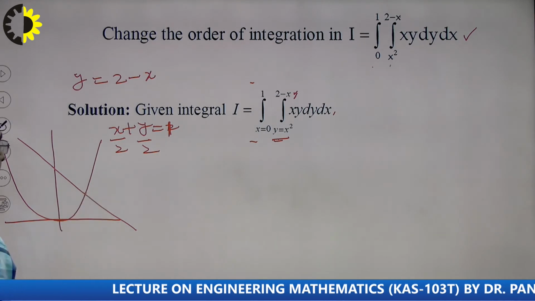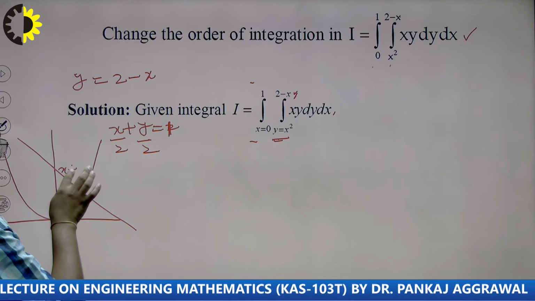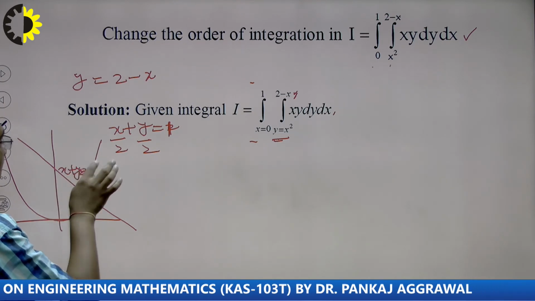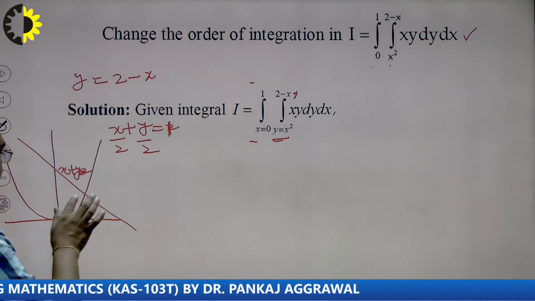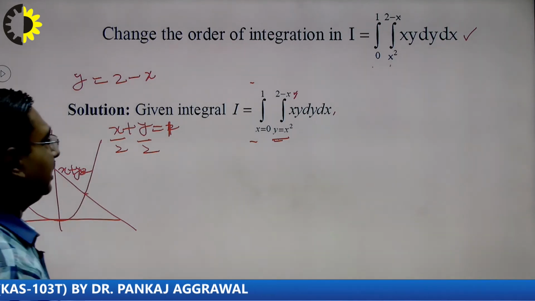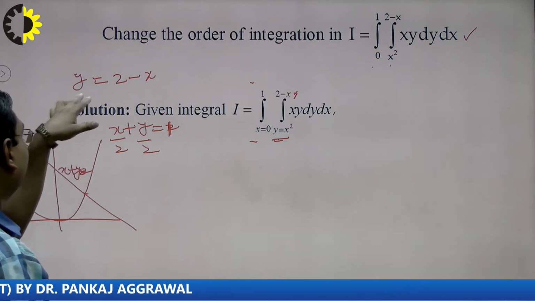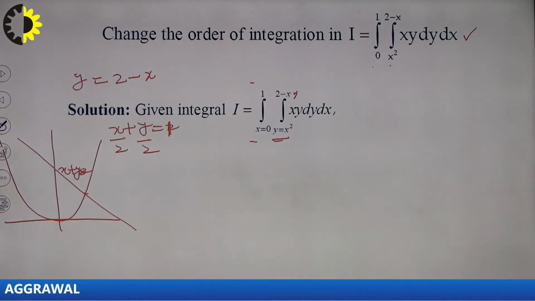This is x plus y equal to 2, and this is y equal to x square. This point of intersection can be calculated by substituting y equal to 2 minus x in the equation y equal to x square.